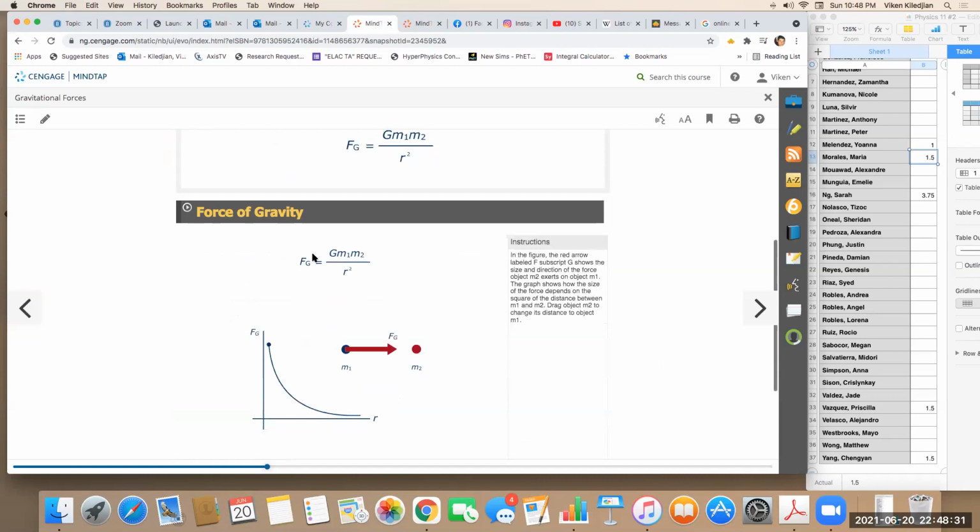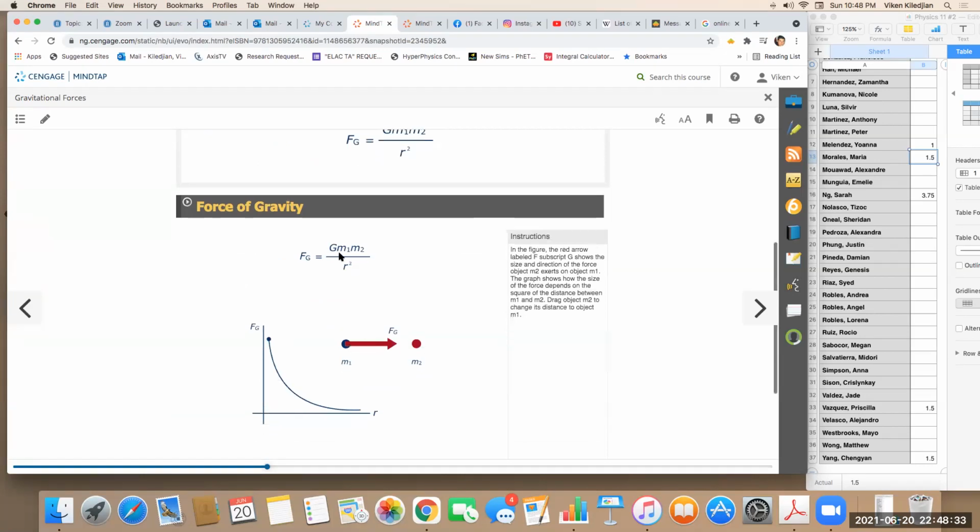So essentially what this is saying is, as the distance of the objects gets further apart, r is the distance between the two masses, then the force of gravity decreases as 1 over the distance squared. So let's say their distance from here to here was a certain distance.